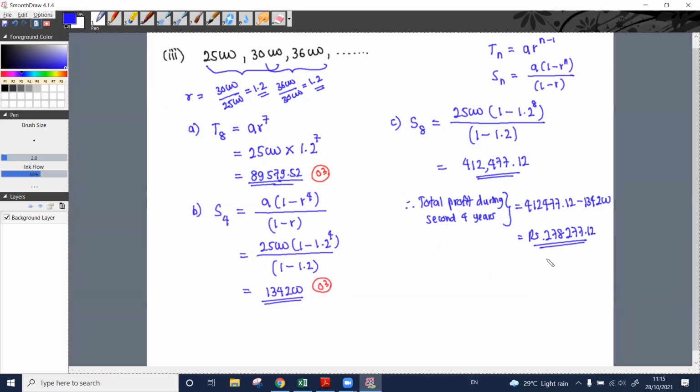The answer should be 278,277.12 rupees. So if you got this correct, please give 4 marks. Right.